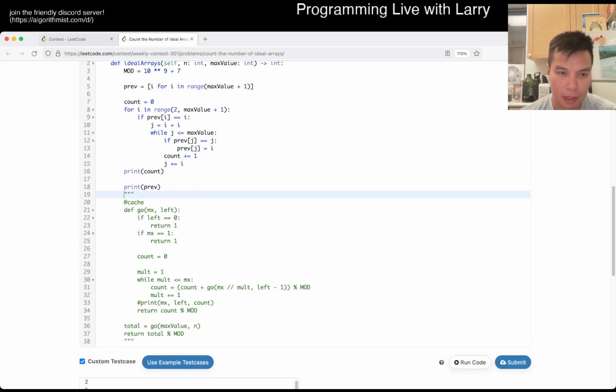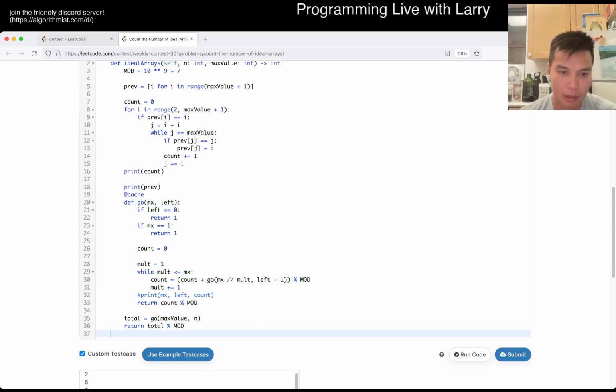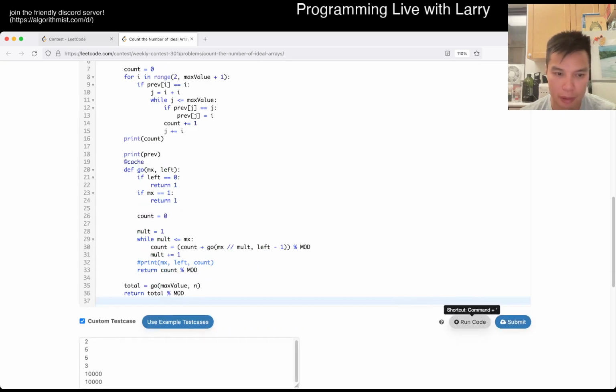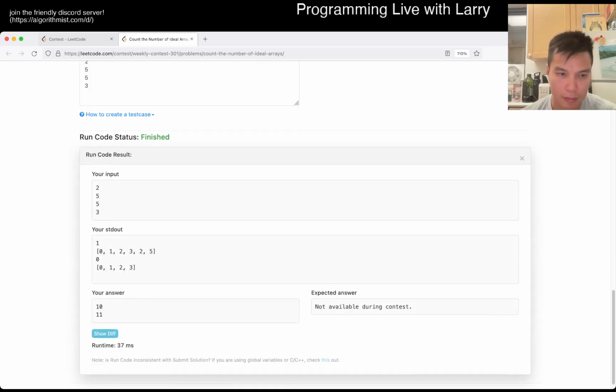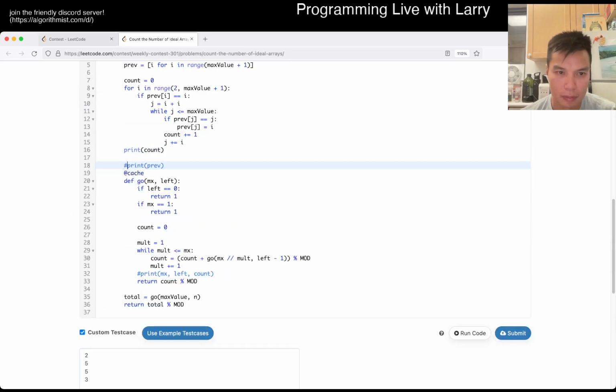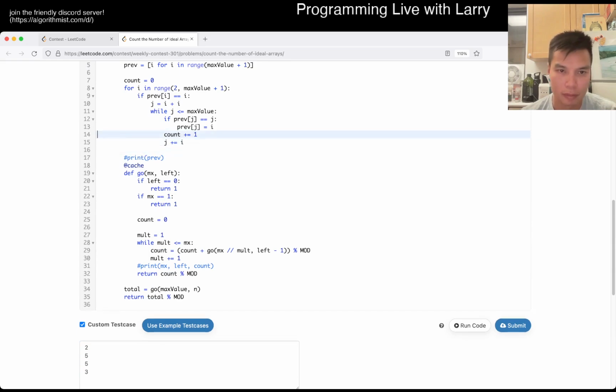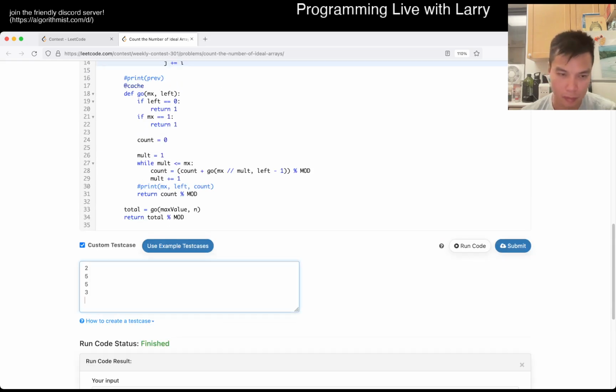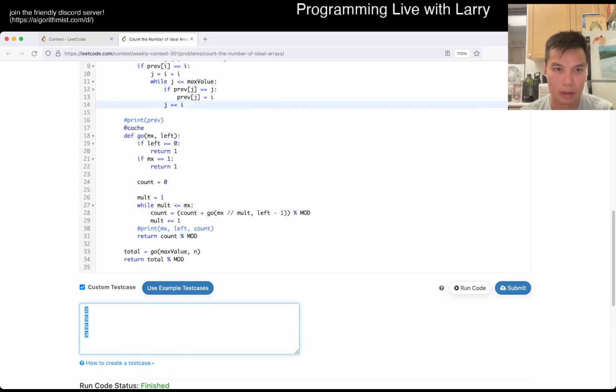Okay, I guess one thing I can do is see if I can figure out a pattern. Maybe that will have to be the way to do it. Let's see, right?